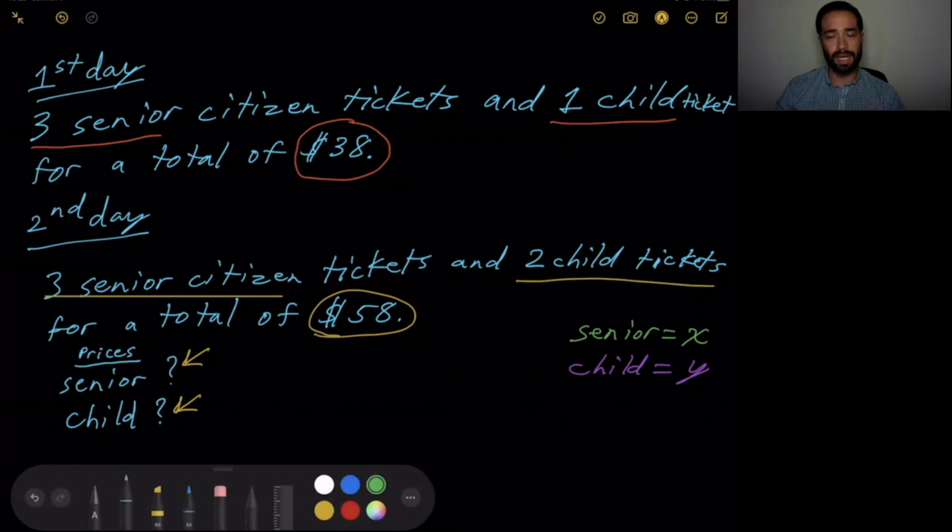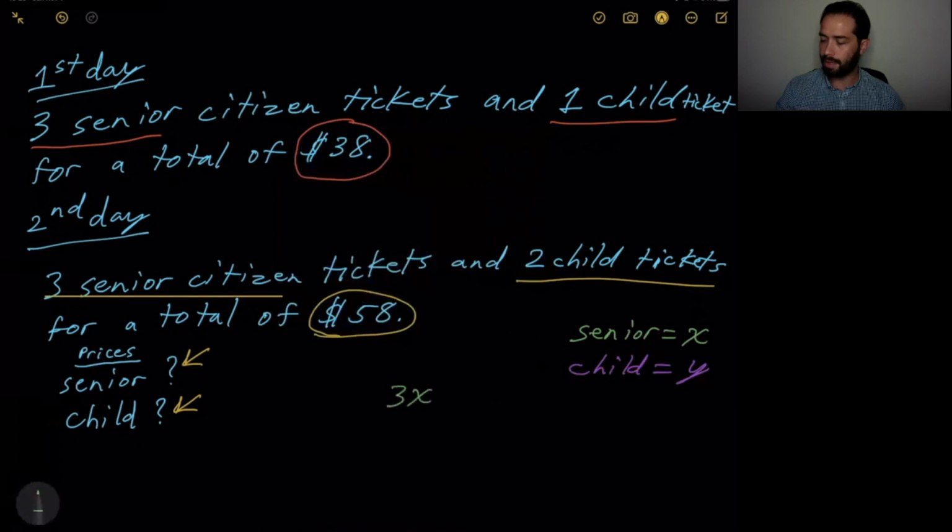So first day, 3 senior citizen tickets. Now again, I don't know how much the senior citizen ticket costs, but I know I sold 3. So if I sold 3 and they each cost X dollars, that means multiplication. So we are going to do 3X.